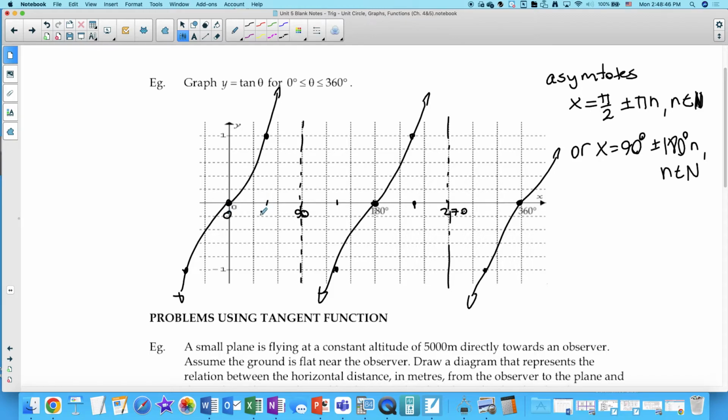This would be 225. Why can't I add today? 225, right? And this is at 315. So I'm curious about those points too, because then I can plot the 1 or the -1.